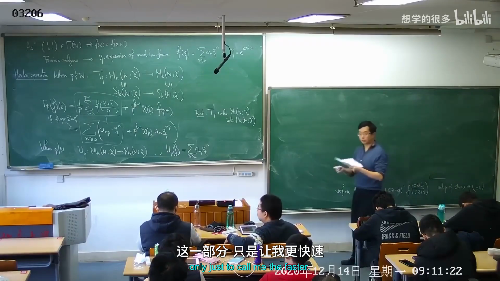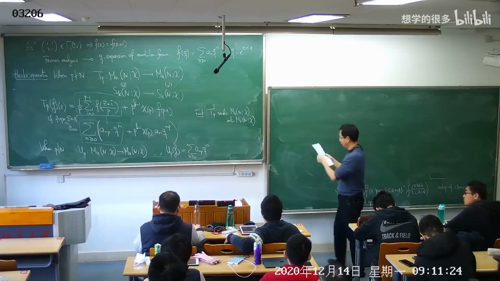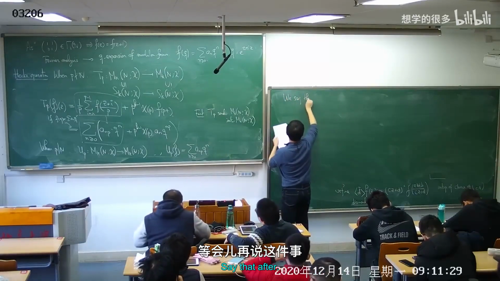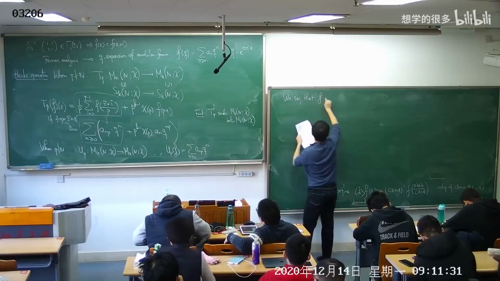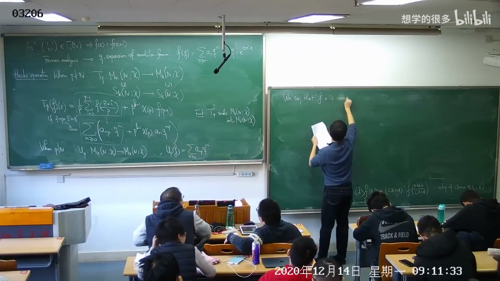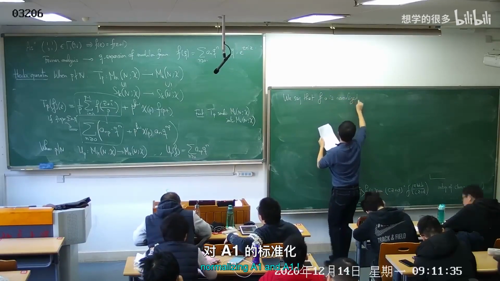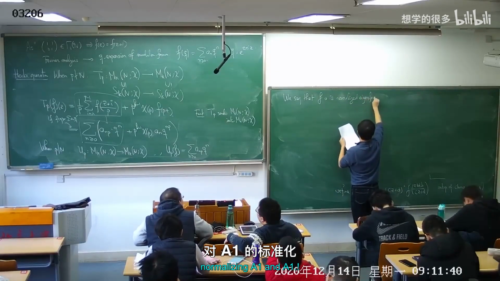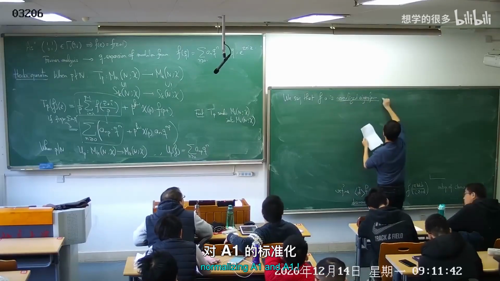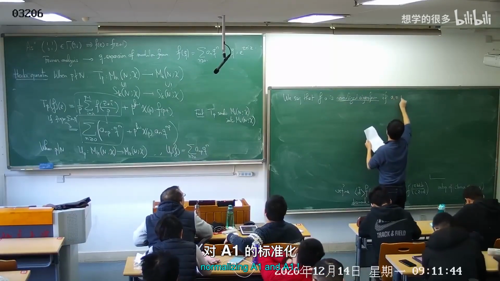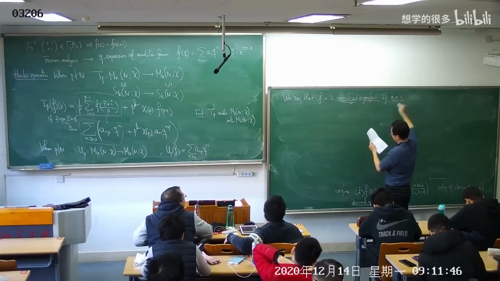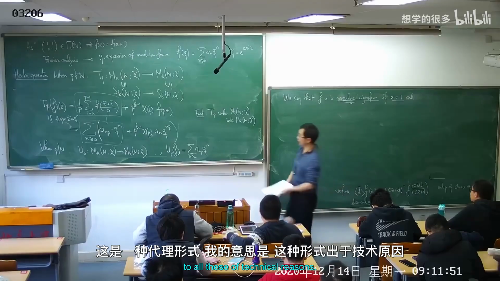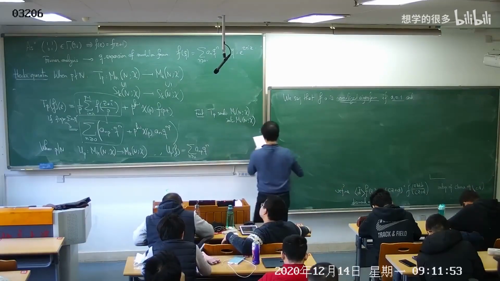Mostly I just recall basic facts about building blocks. Say that f is a normalized eigenform. Normalized means a_1 equals 1. And eigenform means it's an eigenform for all these Hecke operators.